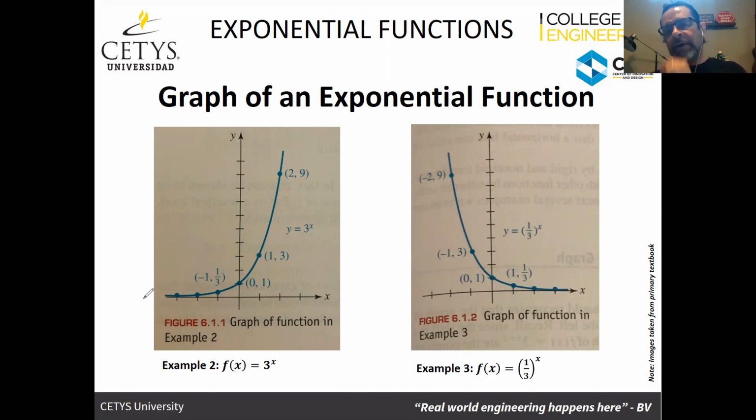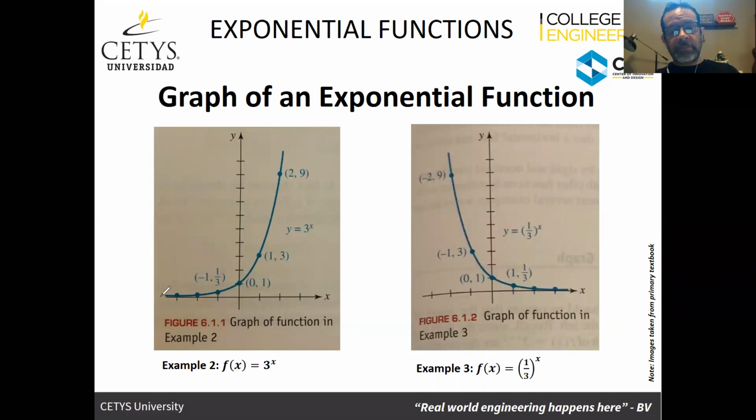Notice a very important characteristic of an exponential function: it starts off with very small values, very close to the x-axis. Remember that it's not going to cross the x-axis, because the range doesn't have negative values of y. The range is from 0 to infinity.